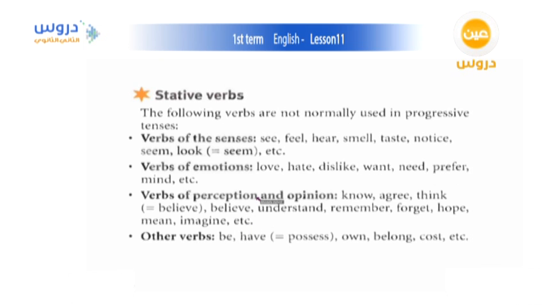Also, we got verbs of perception and opinion. Okay? Know, agree, think, believe, understand, remember, forget, hope, mean, imagine. Never with an ing. Also, other verbs like be or have, own or belong or cost. We don't say costing, belonging, owning, having, being. All right?